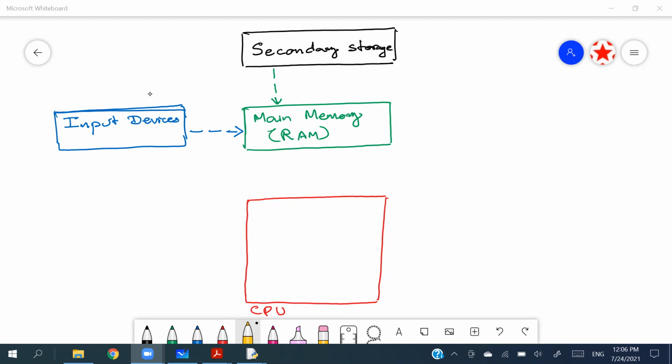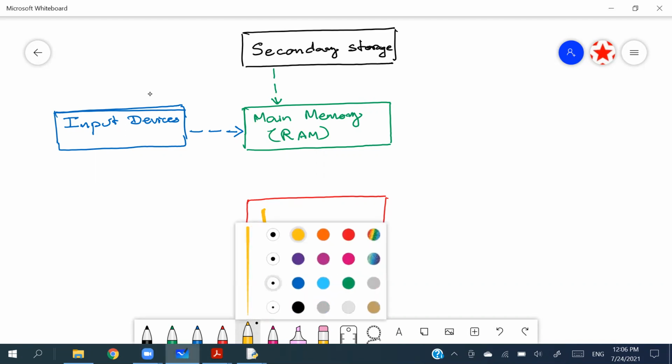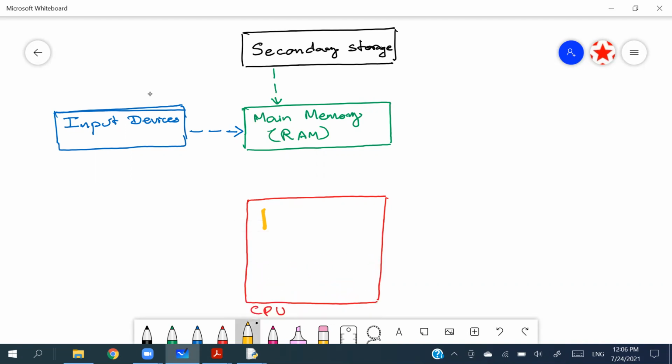There is a component called registers. Registers are a memory component inside the CPU.